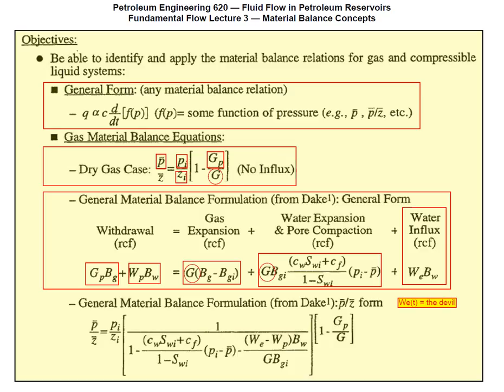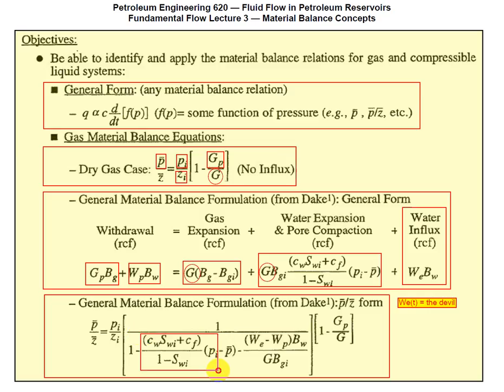Now, if we arrange the material balance equation according to Dake and the common form, we get something like this. And that doesn't look so ugly because what happens is we can start making things go away. If we assume there's no pore volume compaction or expansion, then we can ignore that term.